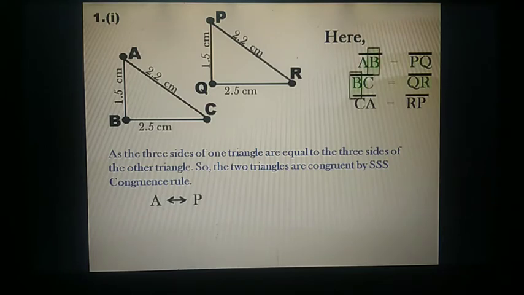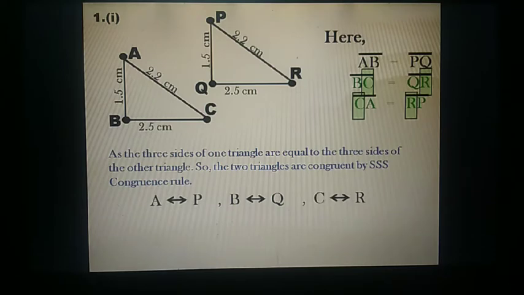B is common on the left hand side and Q is common on the right hand side. So B corresponds to Q. Next we have to find for C. C is present in the second and the third line. C is common on the left hand side and R is common on the right hand side. So the corresponding pair is C and R.